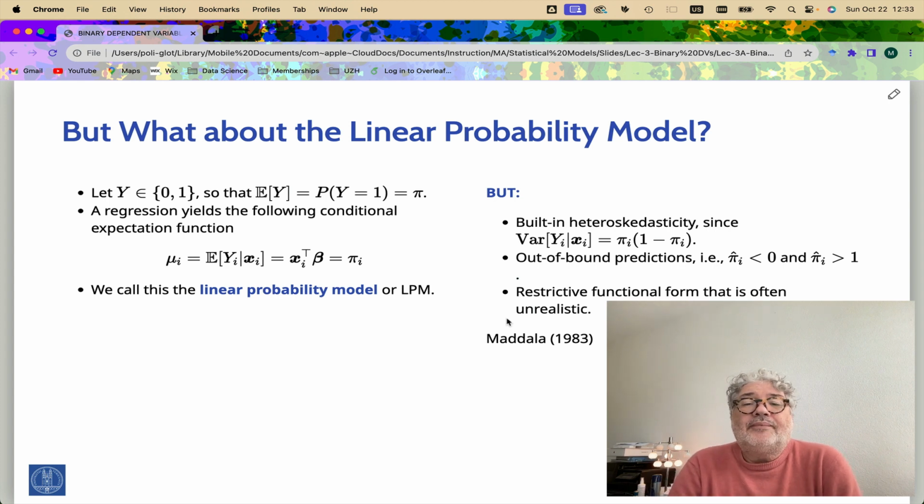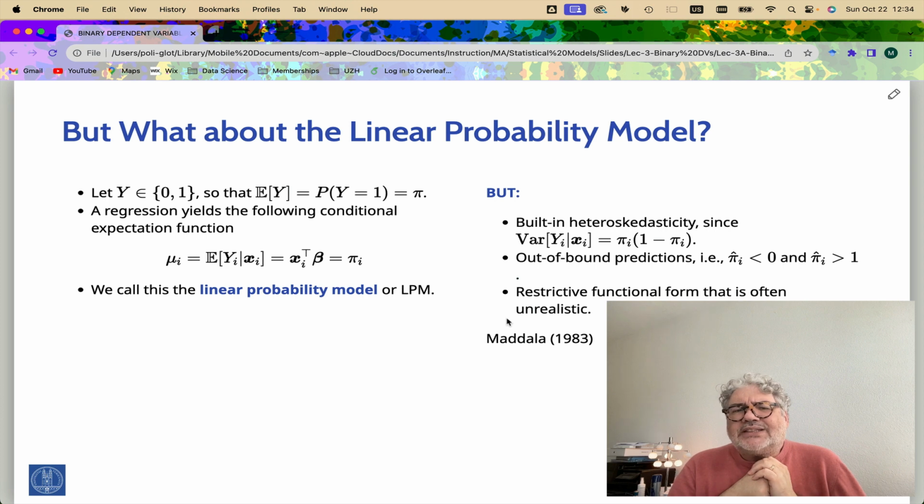So we also have here, very typically, out of bound predictions. That is to say, there is absolutely nothing in this linear probability model that prevents us from getting predicted probabilities that are negative or greater than 1. But obviously, the rules of probability theory require that probabilities are bounded by 0 and 1. So these are nonsensical predictions.